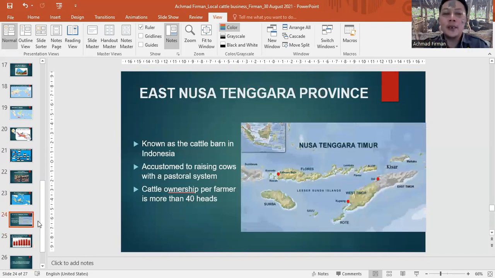The people say that the cattle are nurtured by nature. Yeah, nurtured by nature. That's the saying among East Nusa Tenggara people.